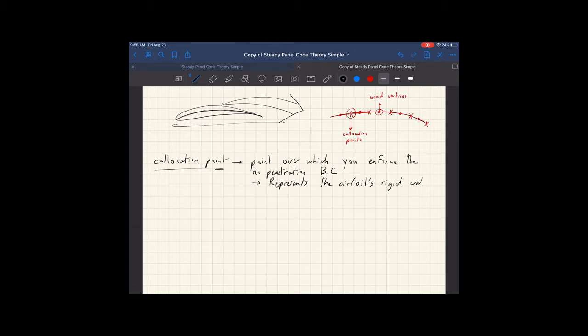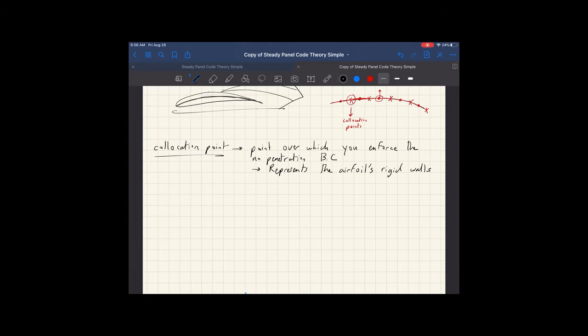rigid walls. Next thing is the bound vortices, right? You have the bound vortices on your camber line, and basically their strengths are set such that the boundary conditions are met.